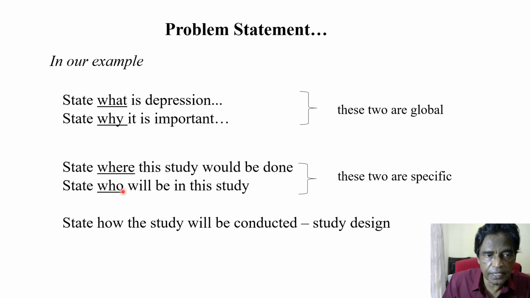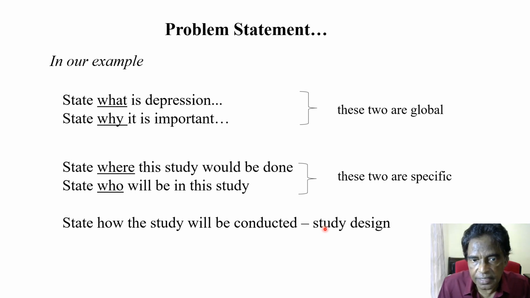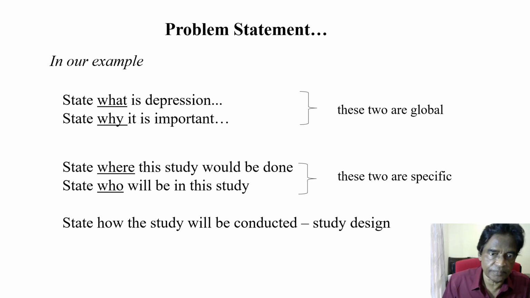Be very specific about which group you're talking about, and state the study design, how the study will be conducted. You must tell the reader how the study will be or has been conducted. This tests the validity of your design. If the design is not valid, whatever finding you have is useless.